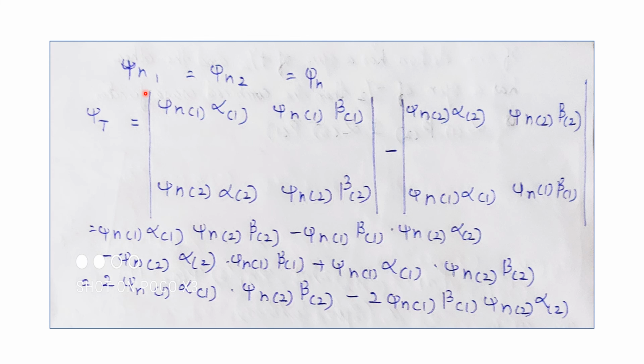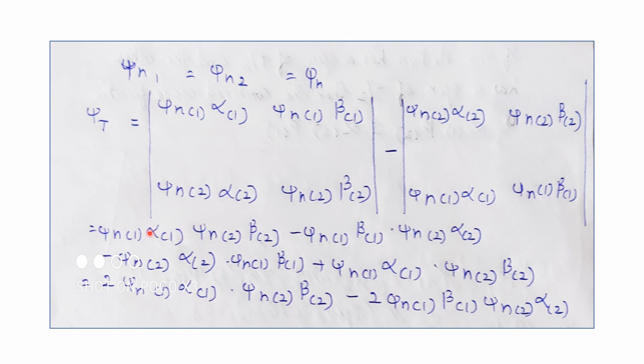If the quantum numbers n, l and m are the same for both electrons, then psi n1 is equal to psi n2 is equal to psi n. Therefore, psi total is equal to determinant of psi n1 alpha 1, psi n1 beta 1, psi n2 alpha 2, psi n2 beta 2, minus determinant of psi n2 alpha 2, psi n2 beta 2, psi n1 alpha 1, psi n1 beta 1.